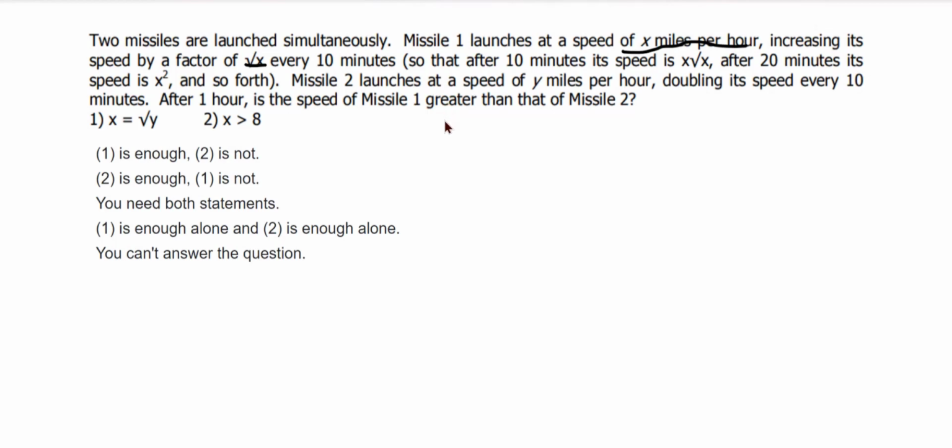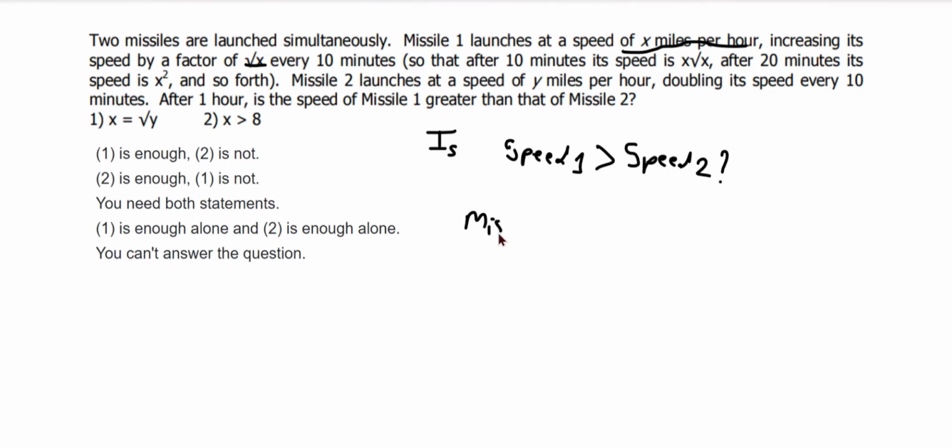All right. So your question is, is the speed of missile 1 greater than the speed of missile 2? That's your question. Right? That's right. All right. So now let's first talk about missile 1 and see what we have understood.